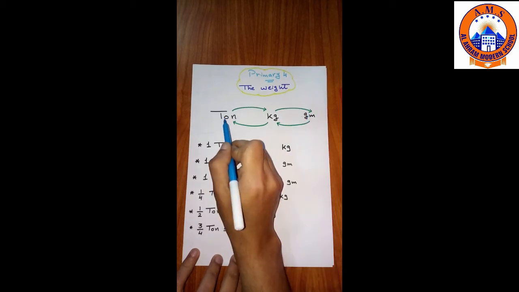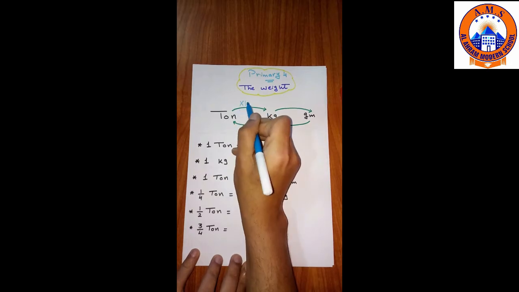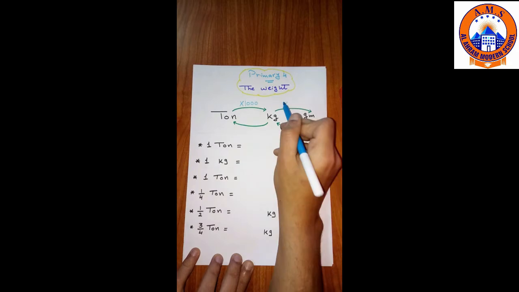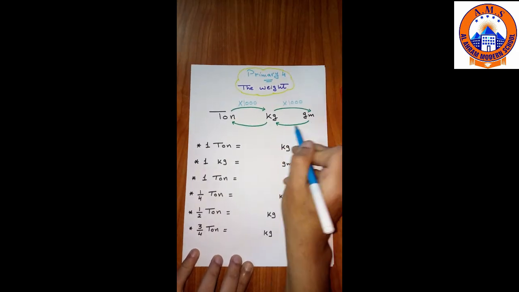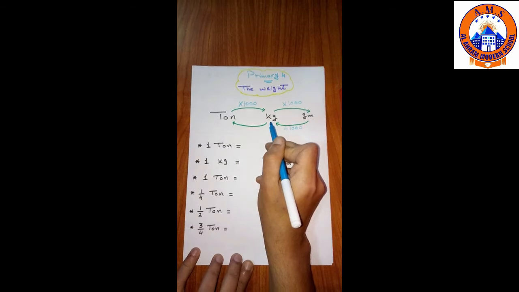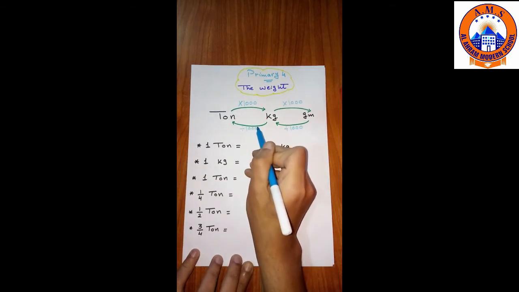To transform from ton to kilogram, you multiply by 1000, and to change from kilogram to gram, you multiply by 1000. If I'm changing from gram to kilogram, I will divide by the same amount, dividing by 1000. From kilogram into ton, I will divide by 1000.